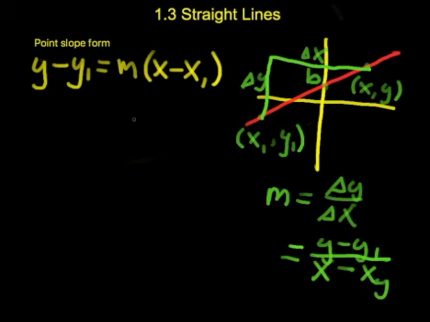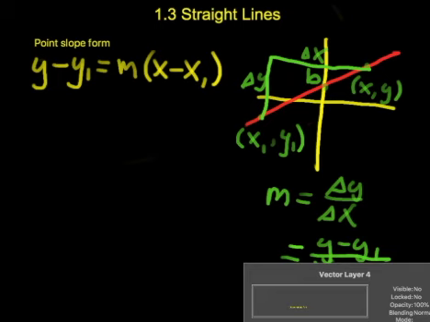Now, we could solve for all of this, bringing the y1 over, multiplying through, and collecting the like terms, and what we'll have is what happens when x is 0. Because at this point here, the y-coordinate is b, we can let x be 0, bring this all over, and I'll end up with what we know as the slope-intercept form.